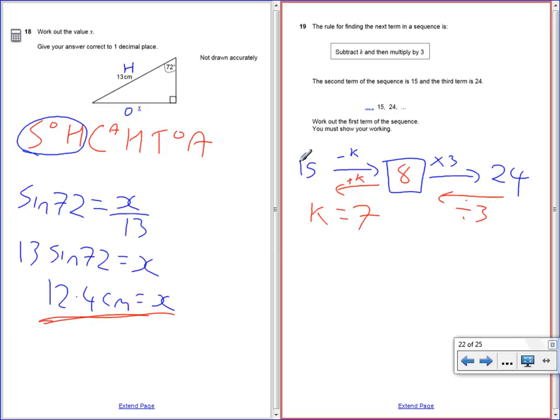That means our first term, let's call it x. We subtracted k from it, so we subtracted 7 from it. Then we multiplied it by 3. And we ended up with 15.